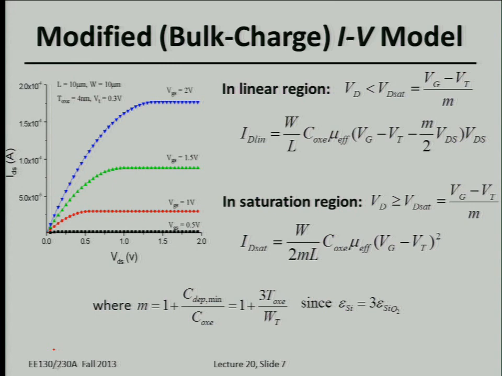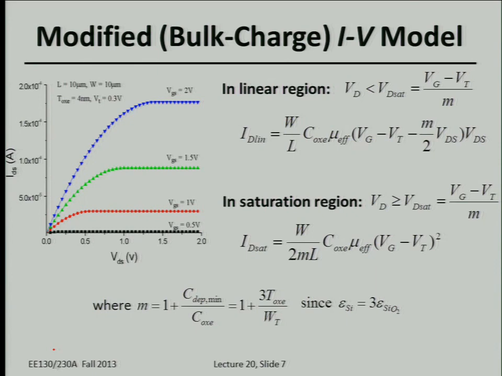And if you want an expression for that coefficient, you can prove that M is equal to 1 plus the depletion capacitance at the maximum depletion width, that is C depletion min, the minimum value of the depletion capacitance, over the gate oxide capacitance.